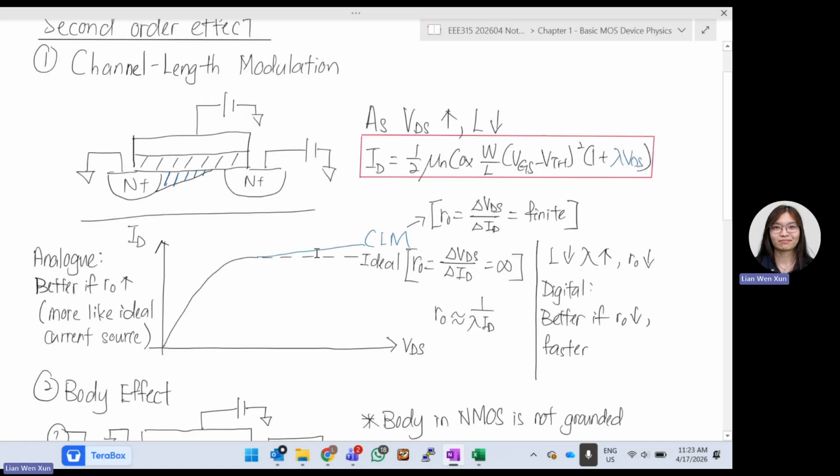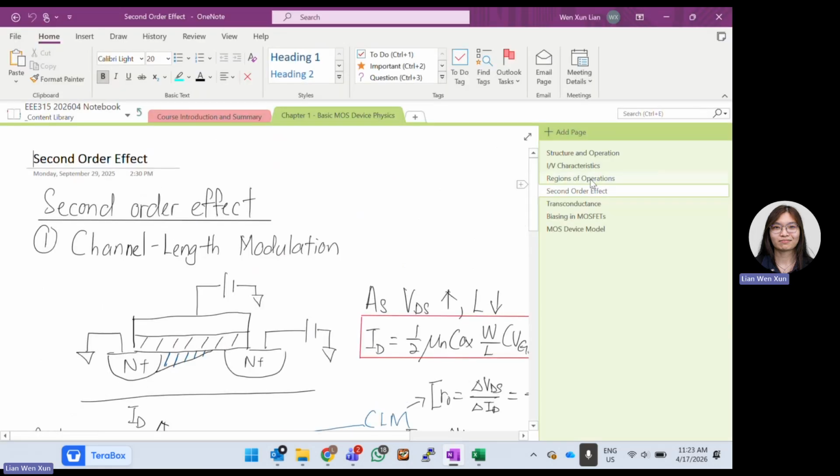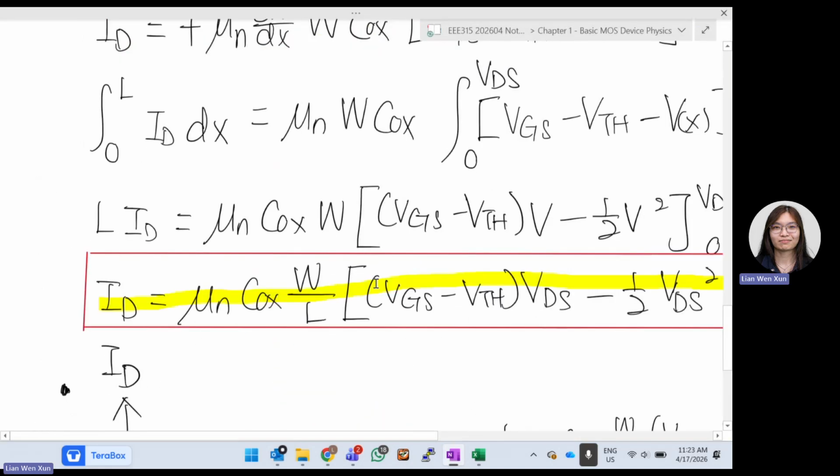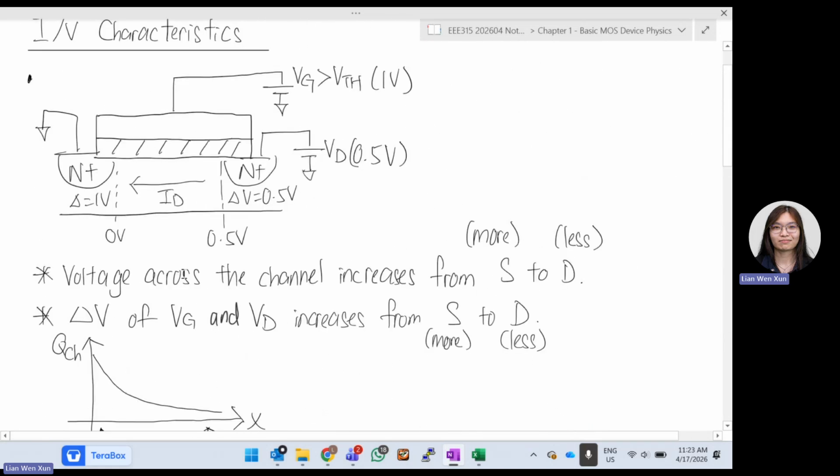So this is the diagram. From deep triode to triode, ideally, it is a straight line. But due to channel length modulation, this will go slightly up. Okay, why? Imagine that this channel becomes shorter and shorter. But when we derived the IV characteristic last time, we assumed the length is the whole length.